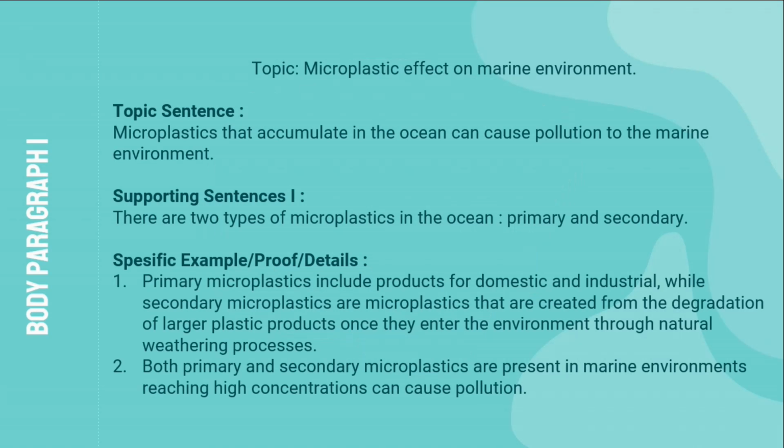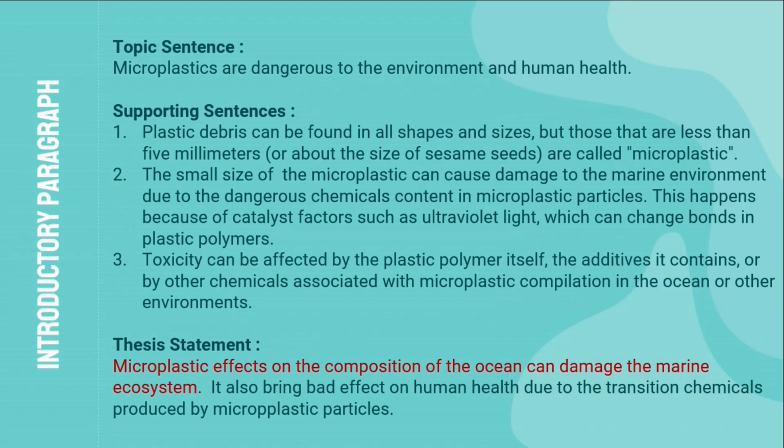This is the outline of body paragraph 1. The topic is microplastic effect on the marine environment. The topic sentence is: microplastics can accumulate in the ocean and can cause pollution to the marine environment. This topic sentence is related to the thesis statement, which reads, microplastic effect on the composition of the ocean can damage the marine ecosystem.